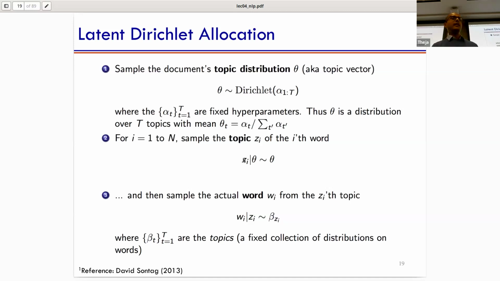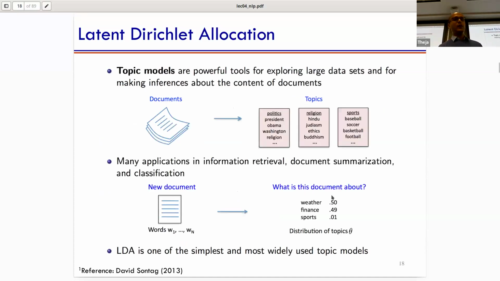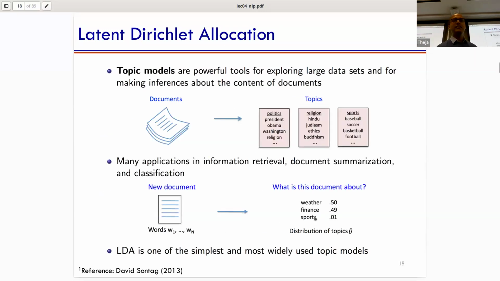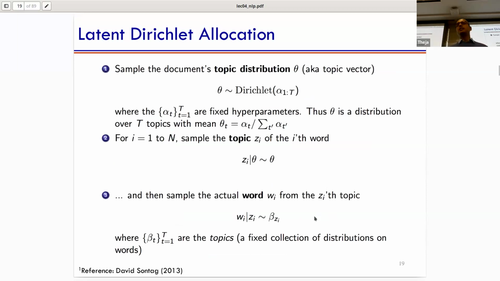Now we'll have another set of parameters, beta underscore zj. zj is a random variable, so it could take the values weather, finance, and sports. Those are the three values zi can take; every blank can be weather, sports, or finance.